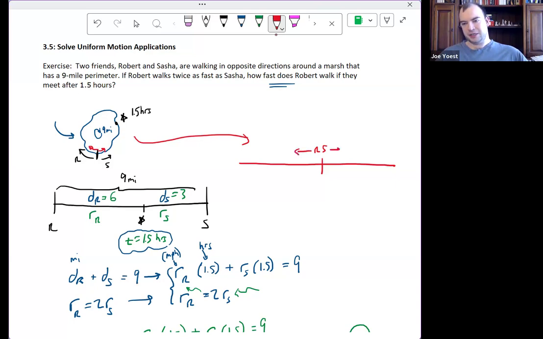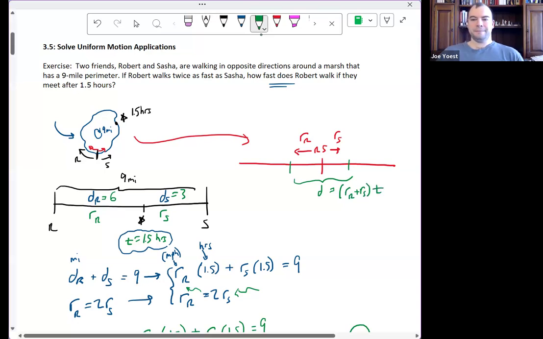Robert's going this way, Sasha's going that way, with rates RS and RR. So actually if I look at the distance between them at a certain time, the distance between them is going to be, well, rate times time, but the rates are just additive. It's just RR plus RS times time.